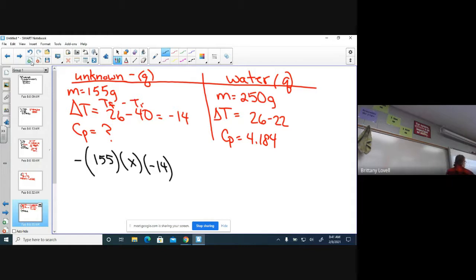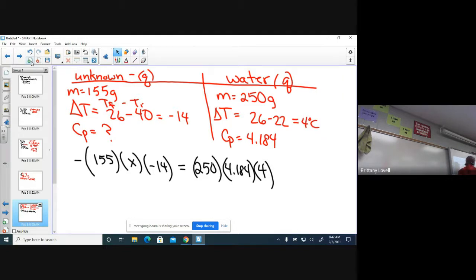I'm going to set this equal to what I know about my water. So I'm going to say 250 times my specific heat, which is 4.184, times my delta T, which would be what? 4. Okay, because we know that it's 4 degrees Celsius.